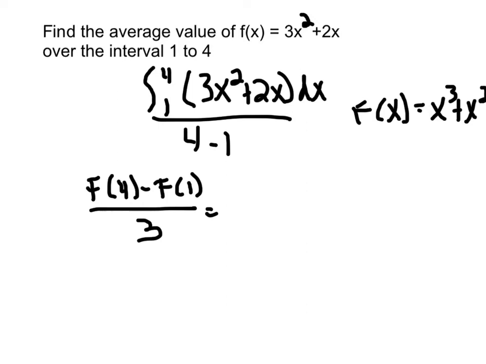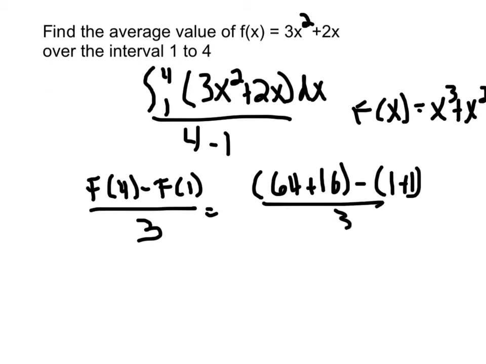So I evaluate it out, and I get 64 plus 16 minus 1 plus 1, over 3, or 78 thirds. That represents the average height, or the average y value of that function between 1 and 4.